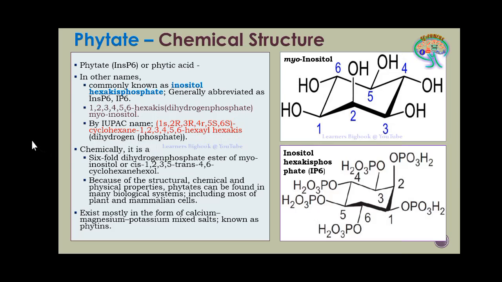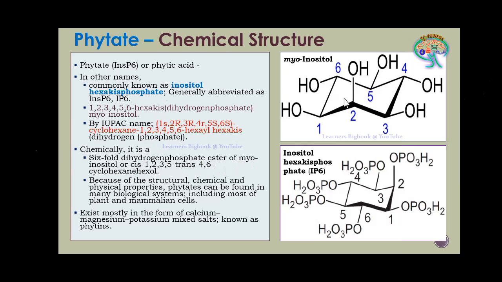First we understand the chemical structure. Chemically it is a 6-fold dihydrogen phosphate ester of myo-inositol, or cis-trans hexol.